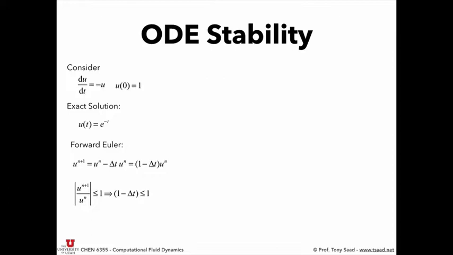We want that magnitude to be less than or equal to 1. This implies the magnitude of 1 minus delta t is less than or equal to 1. You do the analysis, and as long as delta t is less than or equal to 2, this ratio is less than 1.